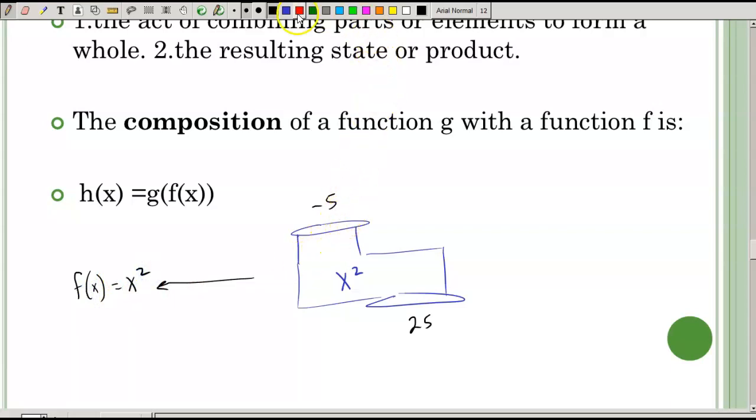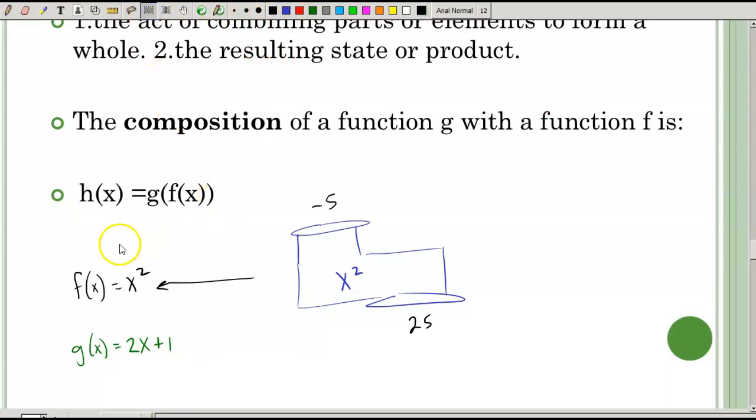Let's say I have another function. Let's call it g of x. Let's say we take whatever input we have, x, and we double it, and then we add 1 afterwards.